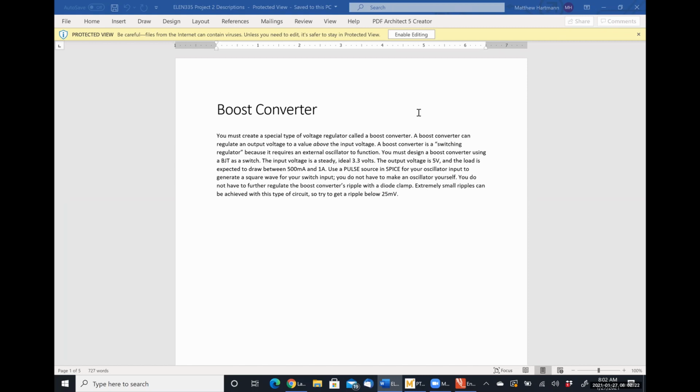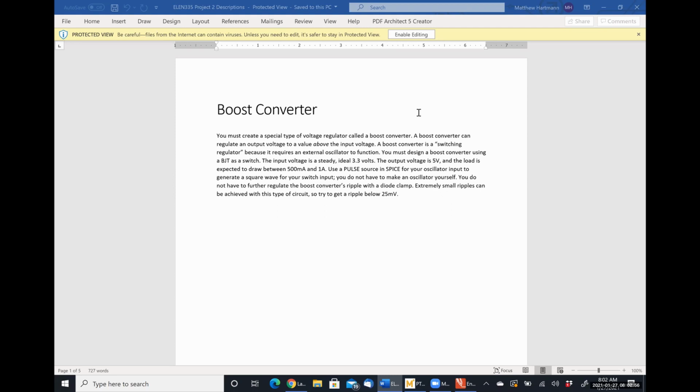The first of which is a boost converter. A boost converter is a switching regulator because it requires an external oscillator to function. You are not expected to design the oscillator yourself. You're just supposed to use a pulse source to generate a square wave. Your design must boost the input.